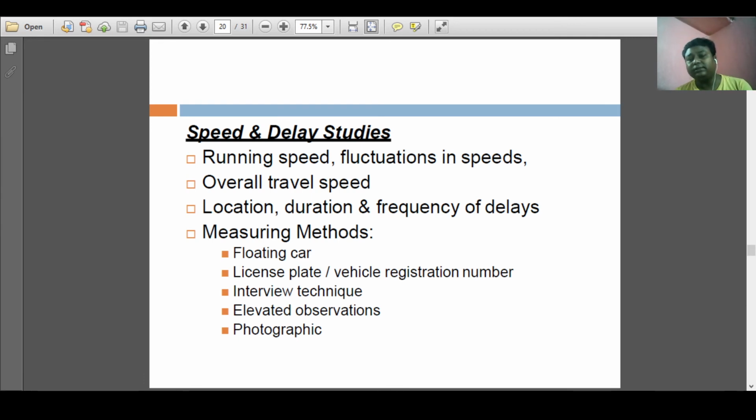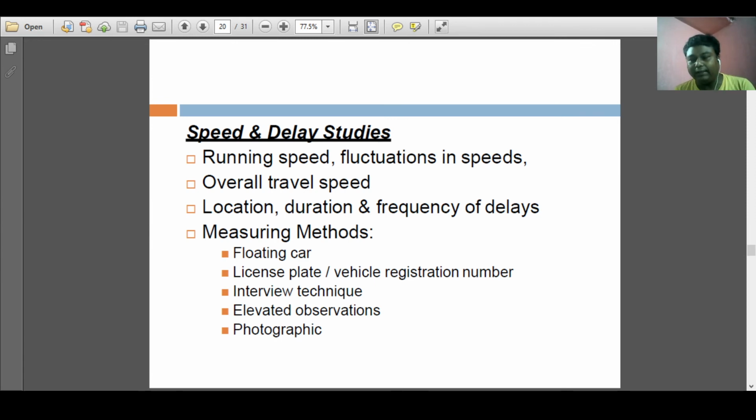These are the possible causes responsible for the delay. The third observer will note down how many vehicles are overtaking my vehicle and how many vehicles I overtake. This is the job of the third observer. The fourth observer will note down how many vehicles are coming from the opposite direction.